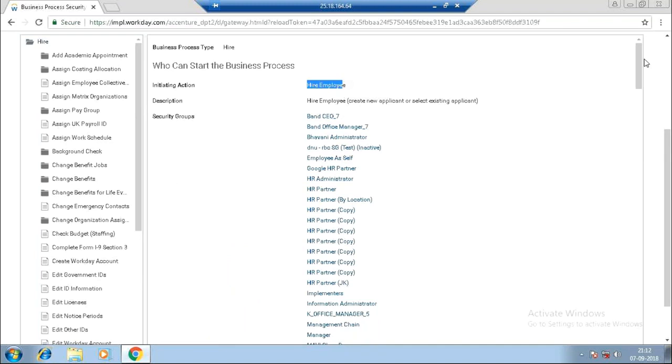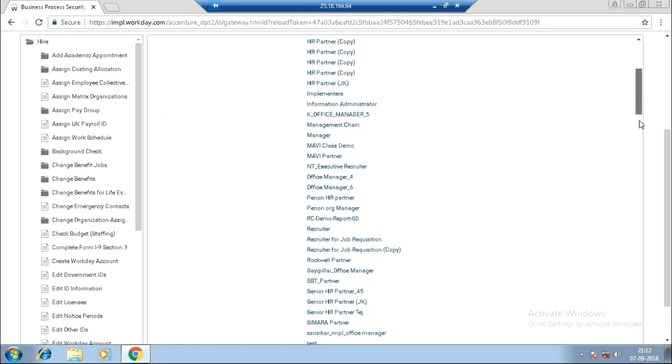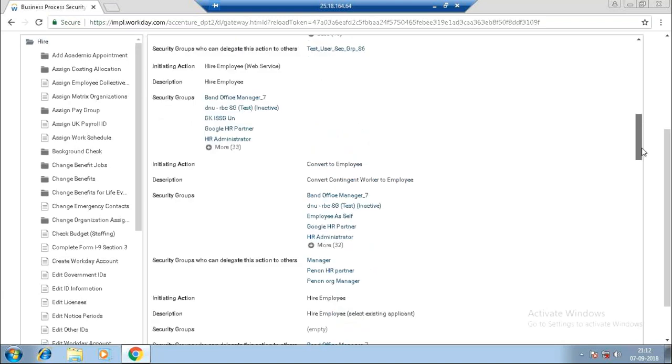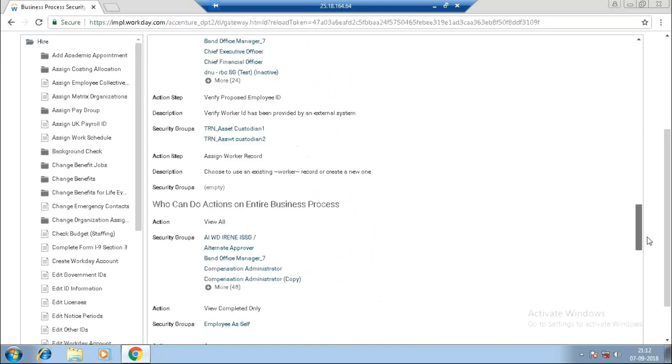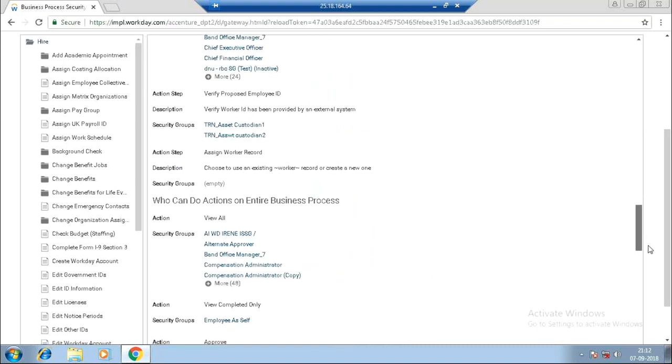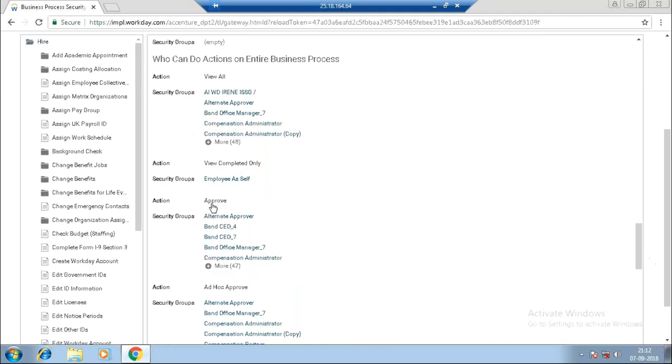If I scroll down a bit more, it's who can approve any step. Approvers can again be assigned to a security group, so that if any approval comes up in my business process, these particular security groups can approve it.